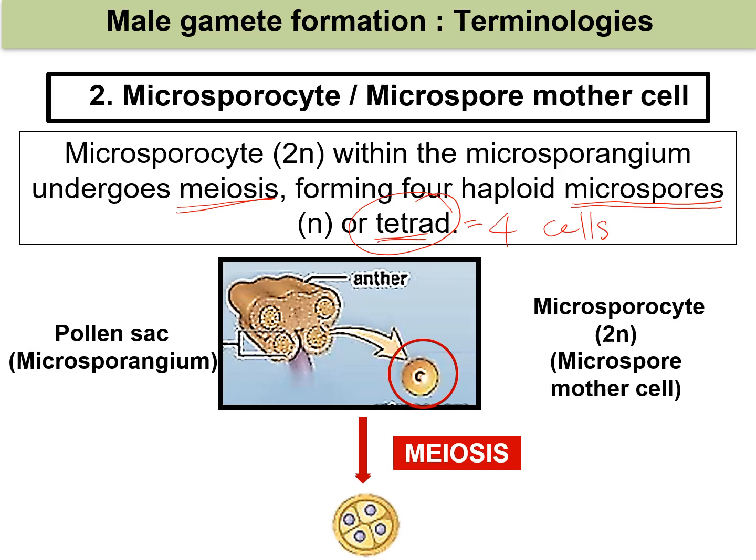So you find this word again, but it is referring to the 4 haploid microspores. So this microsporocyte in the microsporangium undergoes meiosis and produces 4 microspores. So these are all microspores.